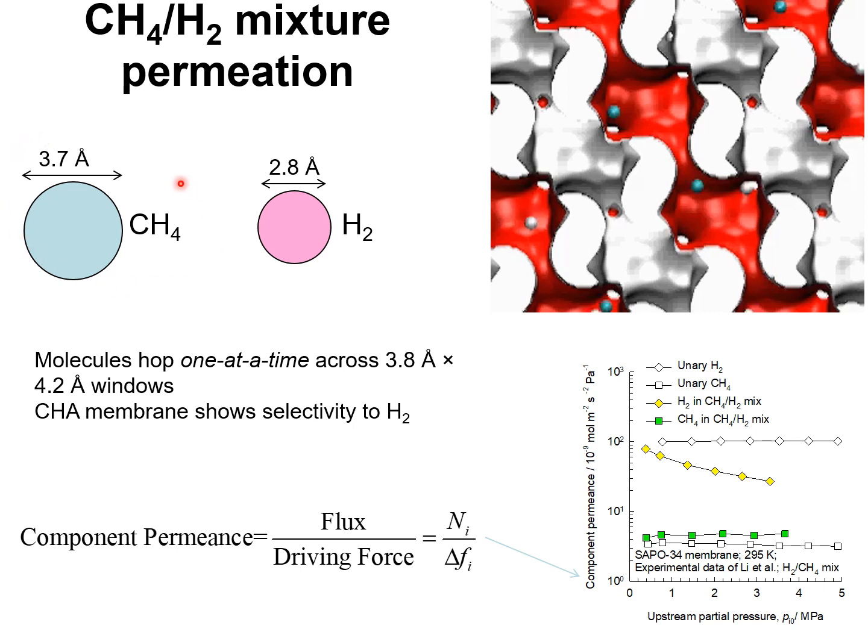This cartoon shows the relative dimensions of methane and hydrogen. Hydrogen is a much smaller molecule and can hop from one cage of Chabazite to the adjoining cage through the narrow windows much more quickly than methane.